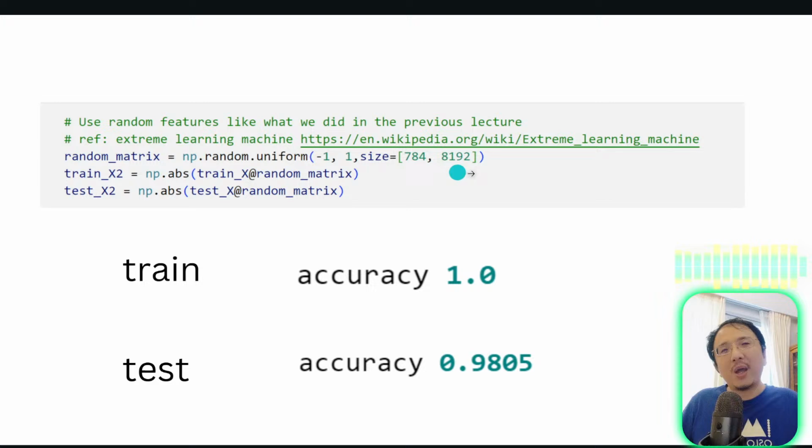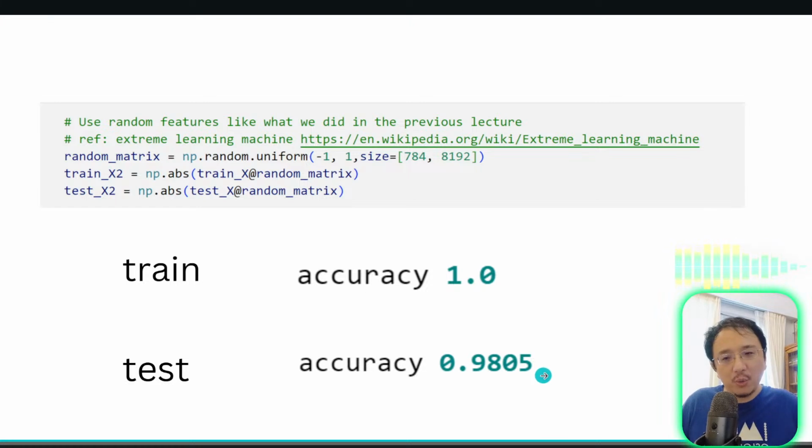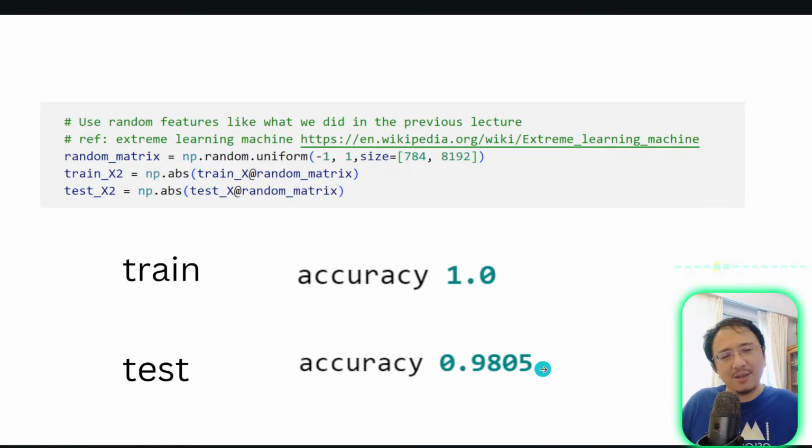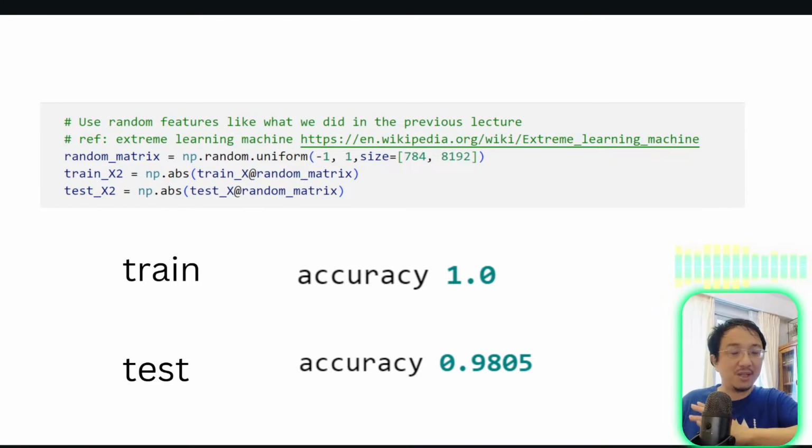If we choose 8,000 random features, and we're still using ABS, we can get testing accuracy comparable to the linear regression. Just comparable, not defeating it.